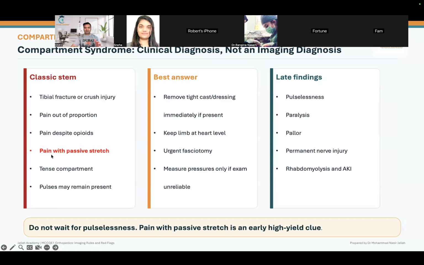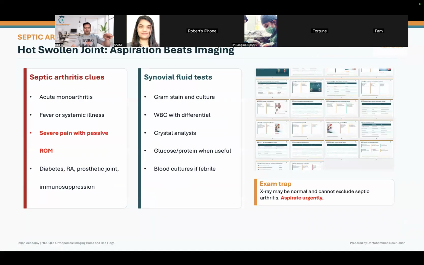We had pain with passive stretching for compartment syndrome, right? Pain with passive stretching for compartment syndrome, and pain with passive range of motion for septic arthritis. Both of them are very commonly used as a clue, a very, very important clue.